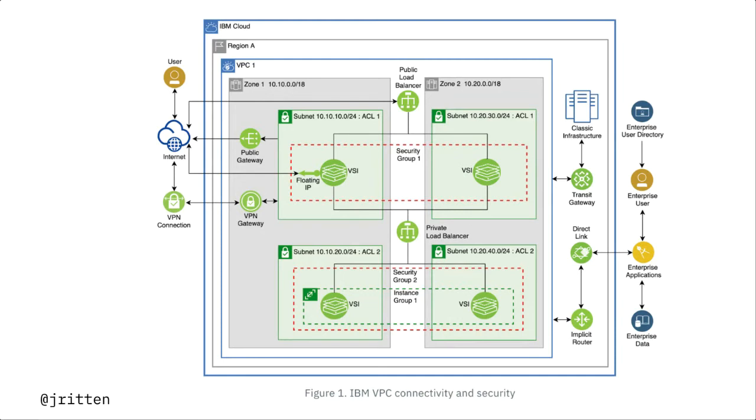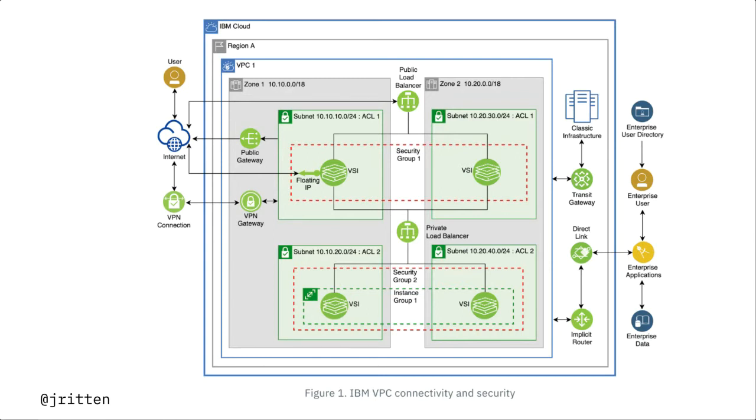Looking at this diagram, the things you probably need to be aware of are the subnet, the zone, the VPC, and the region. You can have multiple VPCs in a region, and you could have multiple subnets in one zone.